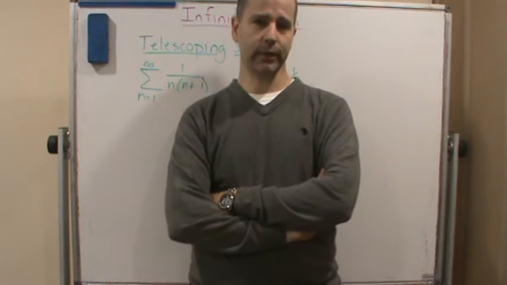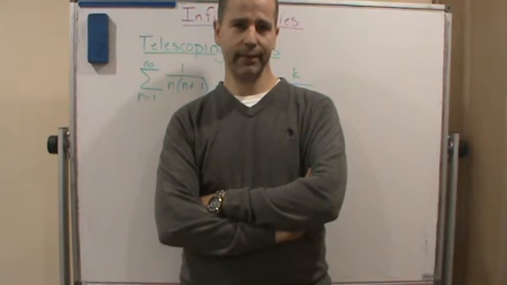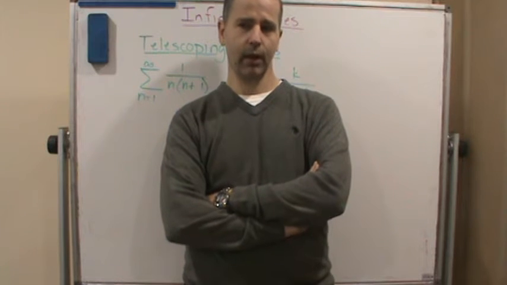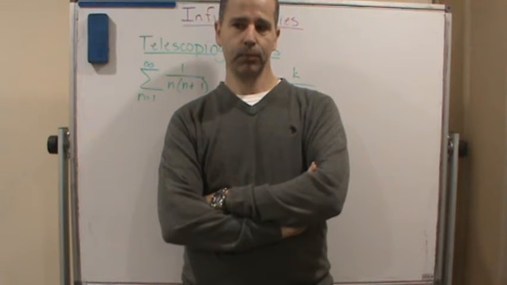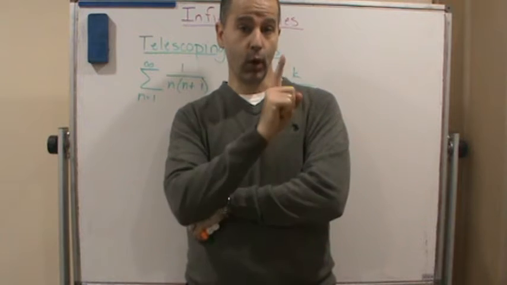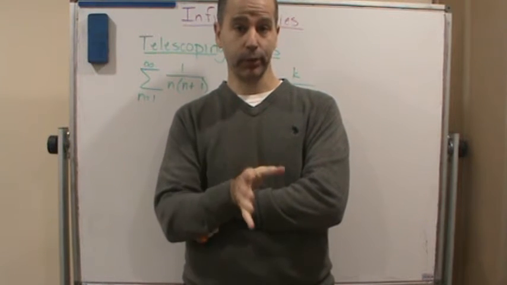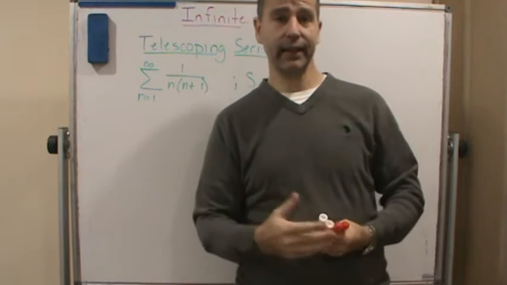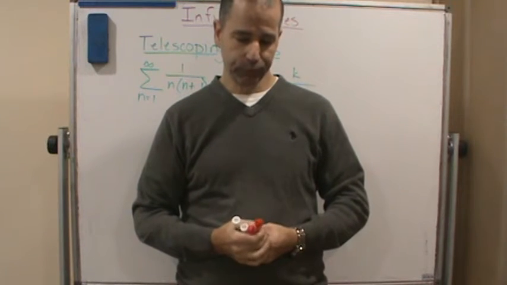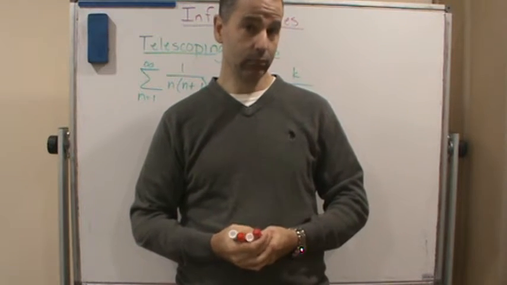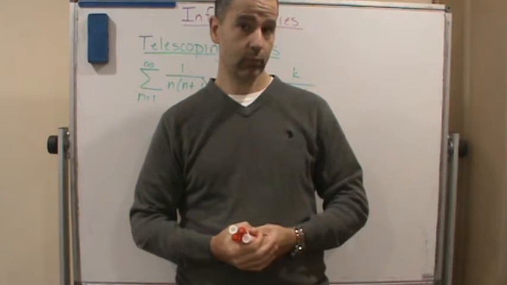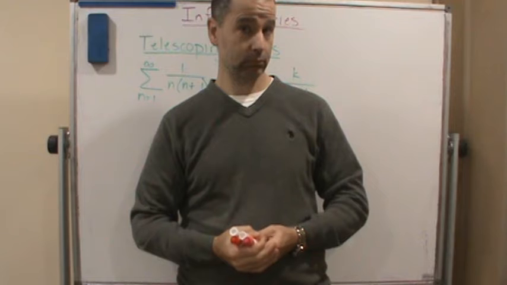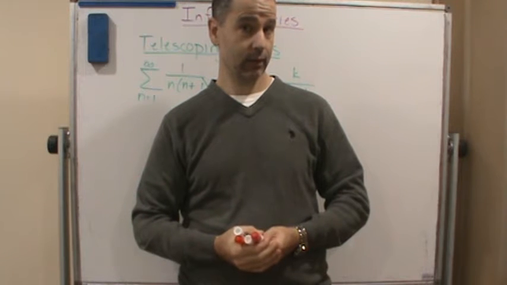For example, remember Gabriel's horn, right? So we had this curve of 1 over x squared, starting from 1 to infinity. So we had the improper integral of 1 over x squared, and when we calculated the area, it had a finite area, right?